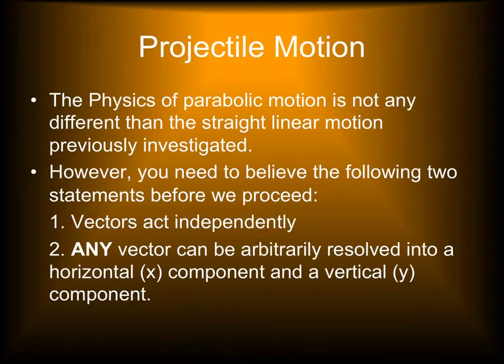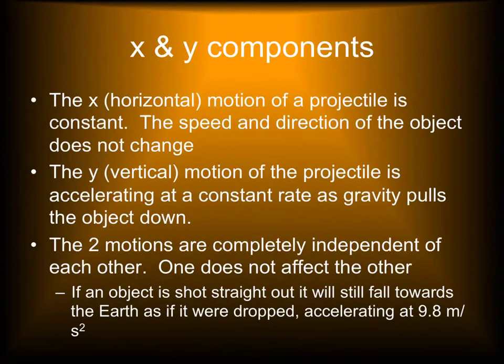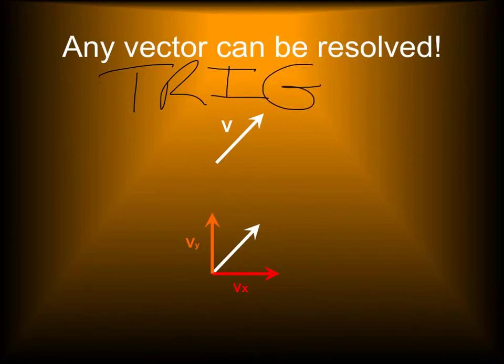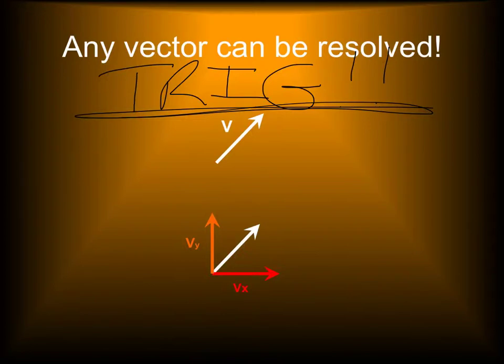And as we've talked about before, we know vectors can act independently, and we can resolve any vector into its x and y components using that magical, mystical, amazing math we call trig. And so, if we have some initial velocity, which we'll call v, we can say that the bottom part is going to be our x, this side here is going to be our y.